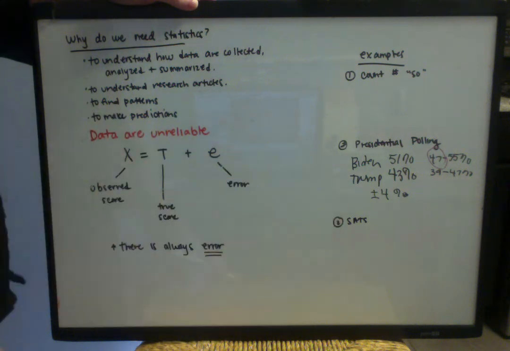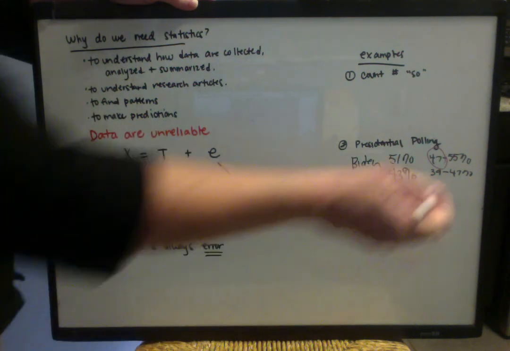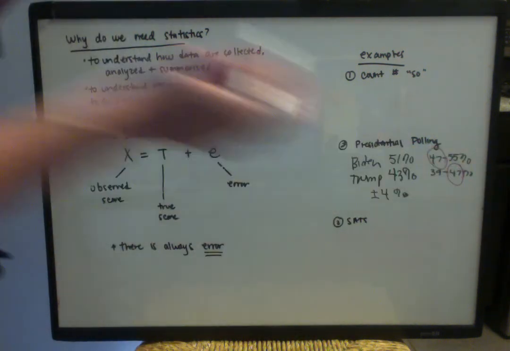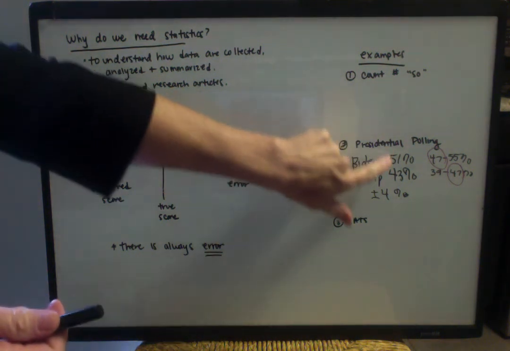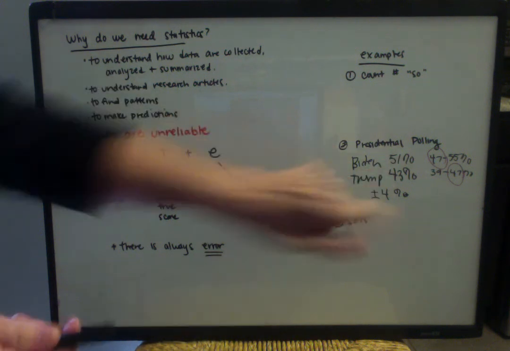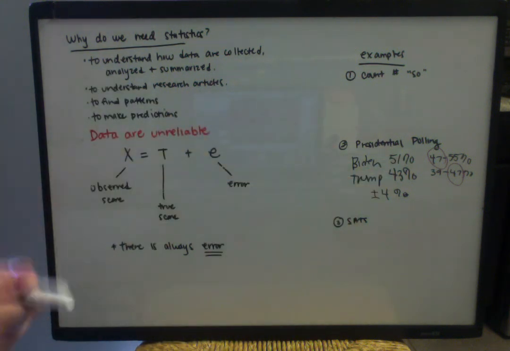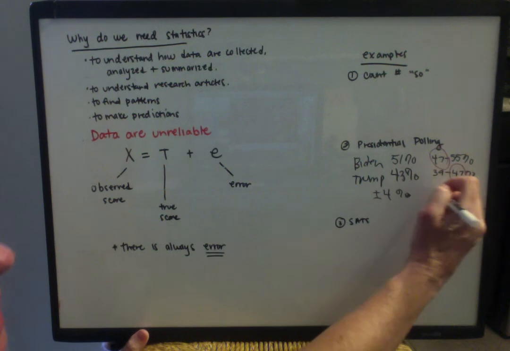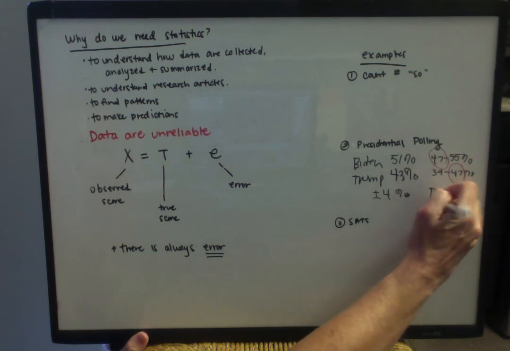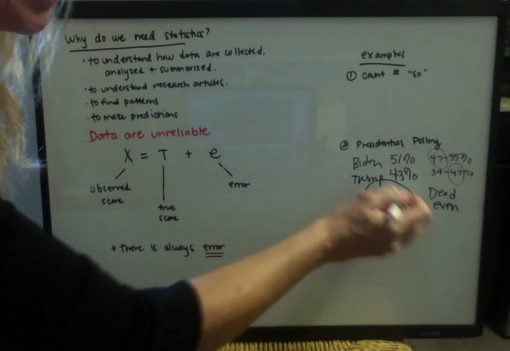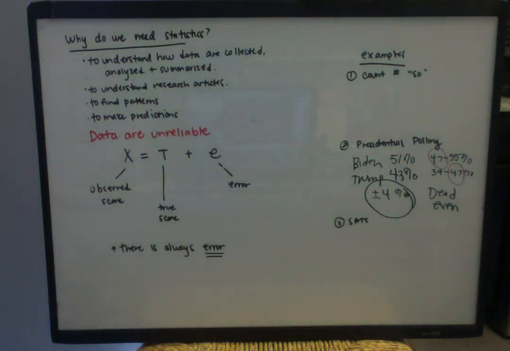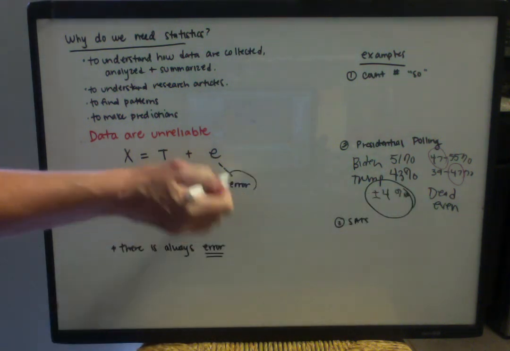And if the poll for Trump was 4 points too low, then Trump also has a 47% chance of winning, which means that even though it looks like Biden has a commanding lead, this is dead even. And it's because of the 4% margin of error.